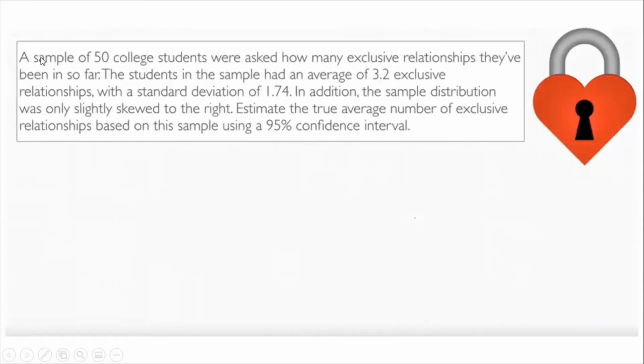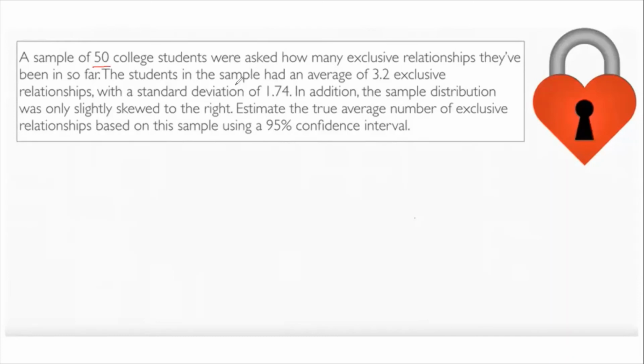And let's look at this example, okay? Imagine we ask 50 college students how many exclusive relationships they have been in so far. We asked 50 college students, so the sample size here is 50.